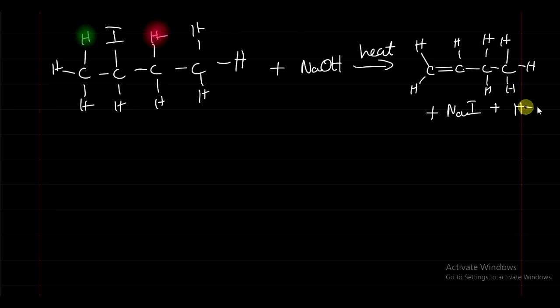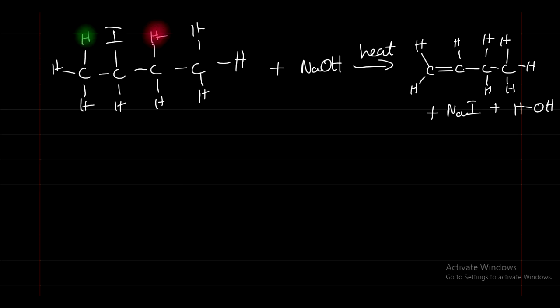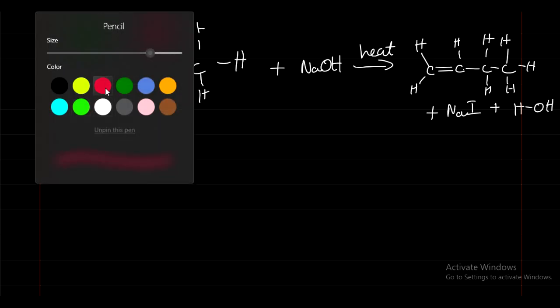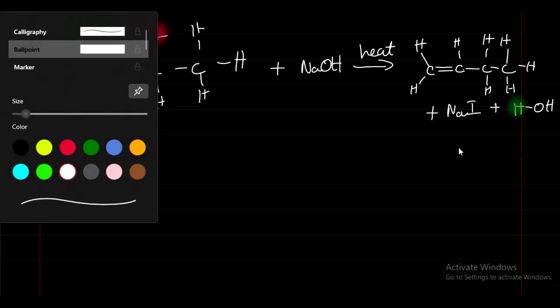Our water is H bonded to an OH. Let's color it with a nice green so that you don't forget which one it is. It's our green friend. So that's one possibility of a product.